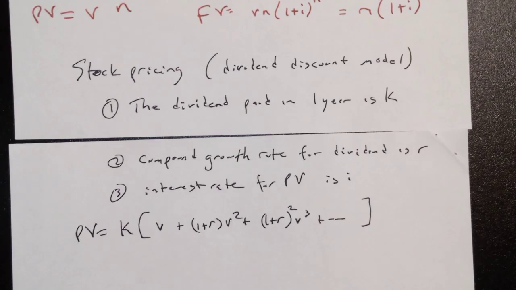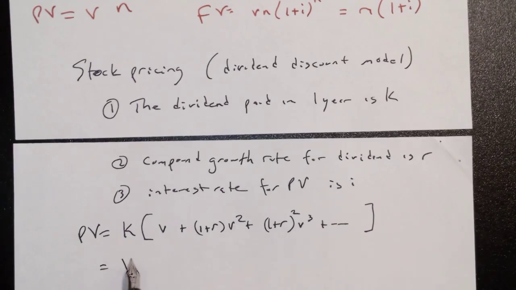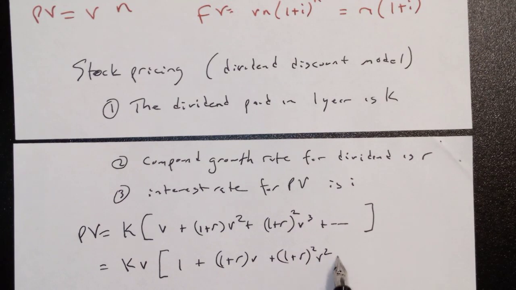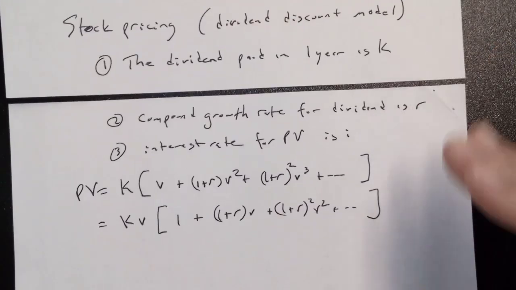Wait a minute. Factor out K V: KV times 1 plus 1 plus R times V plus 1 plus R squared times V squared, and so on. That now looks like a regular geometric series.